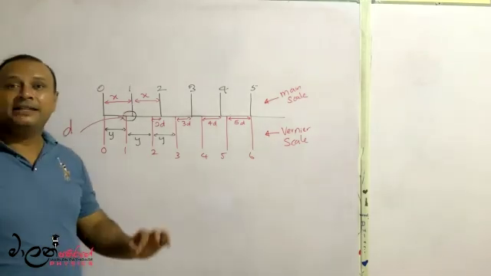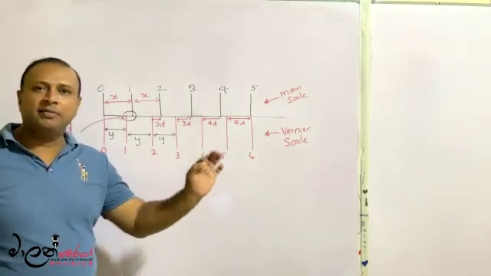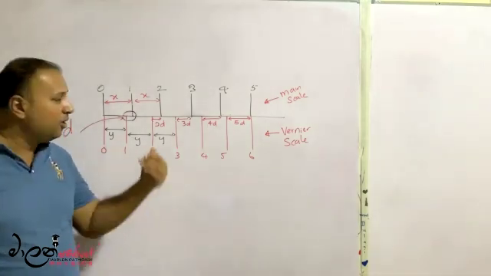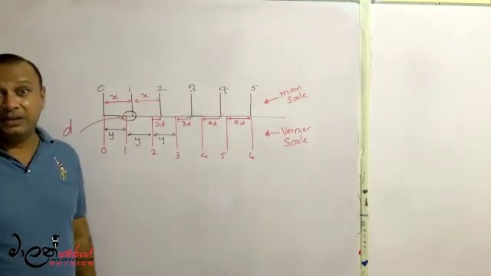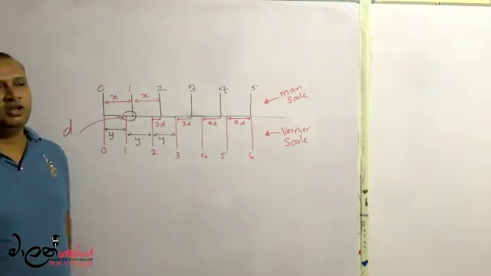Therefore, that gap is the smallest gap that can be measured using this instrument, and that is the least count of the measuring instrument.